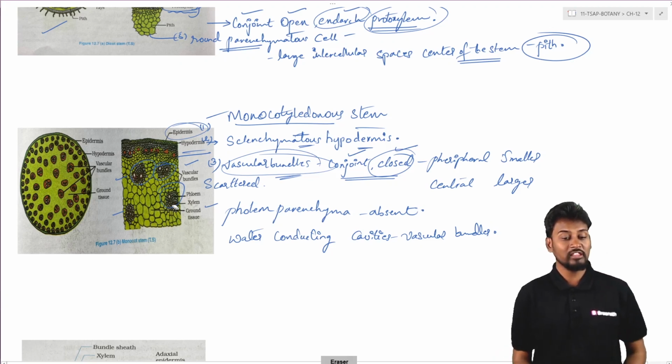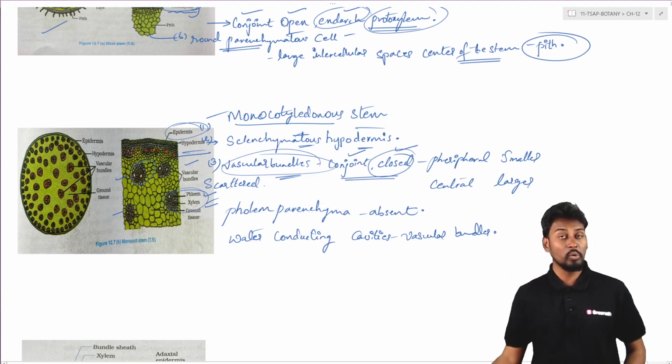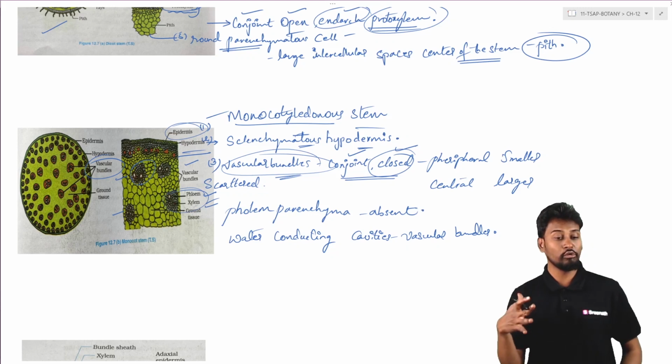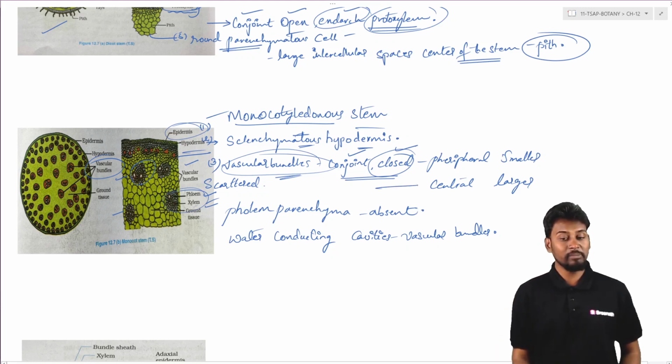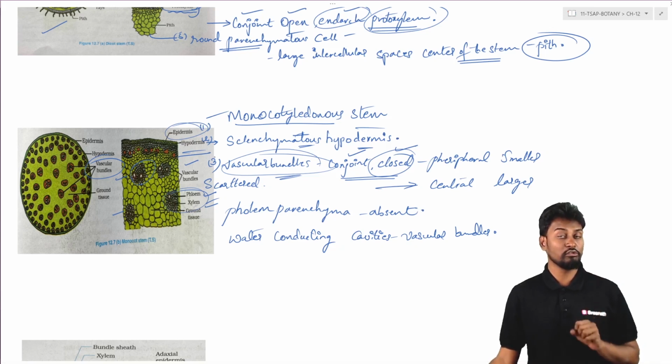Here we can see the scattering of the vascular bundles within the ground tissue, which is covered by the hypodermis and also the epidermis. The vascular bundles on the outside are very small, when compared to the larger ones in the center. So the central vascular bundles are larger than the peripheral ones, which are smaller.